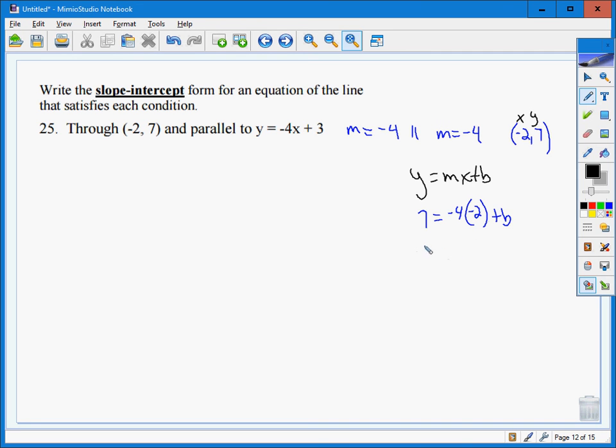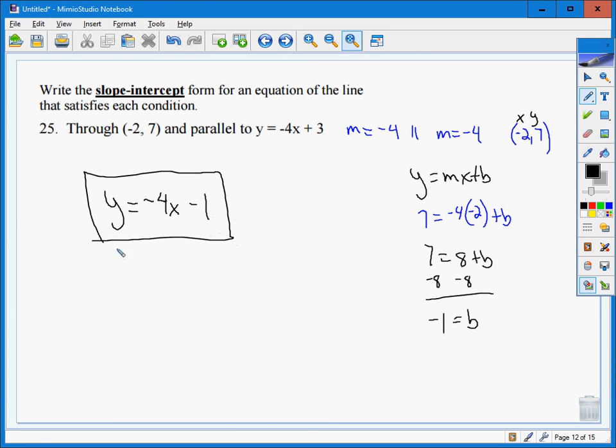A negative times a negative would make a positive, and I would subtract 8 then from both sides. And b would be a -1. If b is -1, my equation would become y equals my slope, -4x, and my y-intercept, -1.